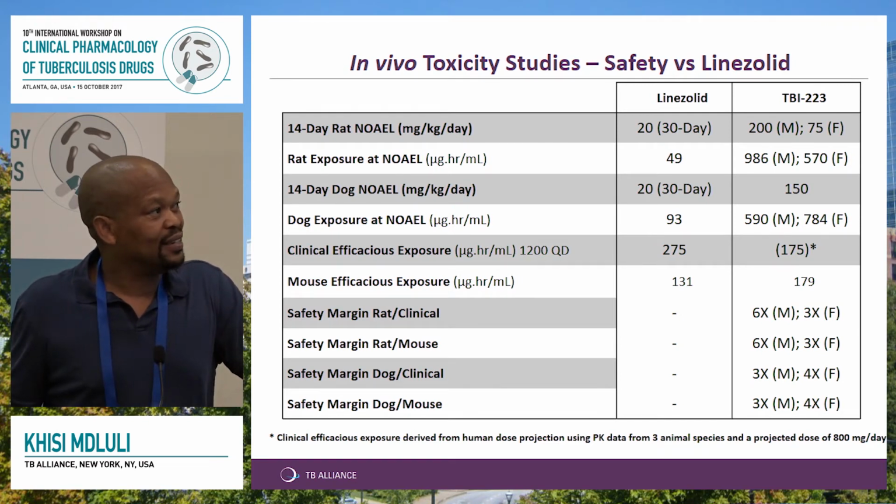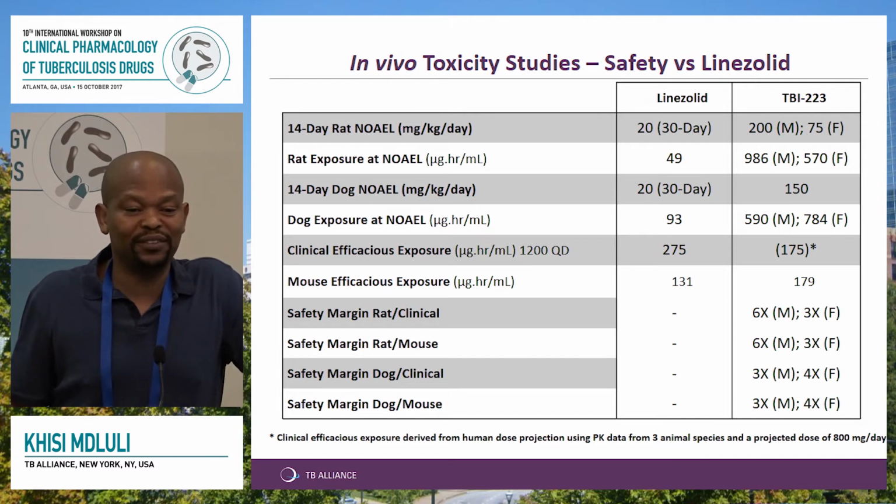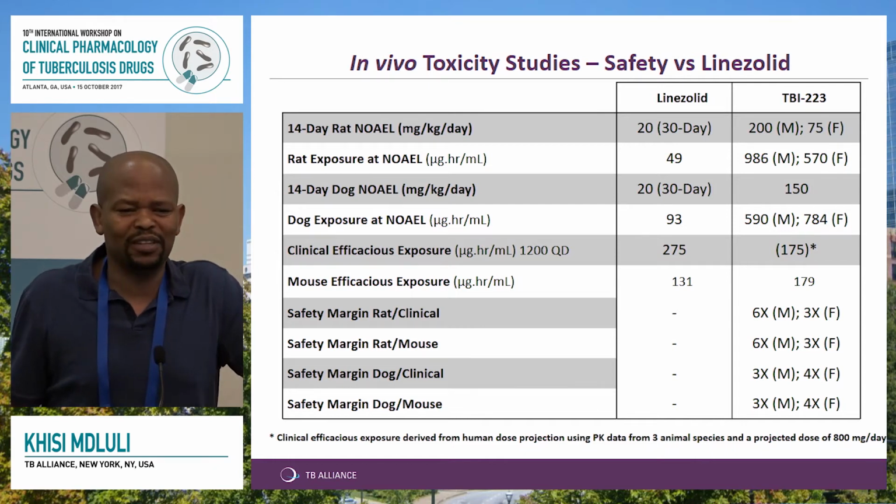So to summarize then, the safety of linezolid versus our compound: the first row shows you that in red, the NOAEL for linezolid is 20, whereas for us it was about 75 to 200, depending on males or female rats. The exposure at NOAEL was about many times over the exposure for the NOAEL for linezolid. 14-day tox in dog for NOAEL, again, you're comparing 20 versus 150, again, a very nice difference.